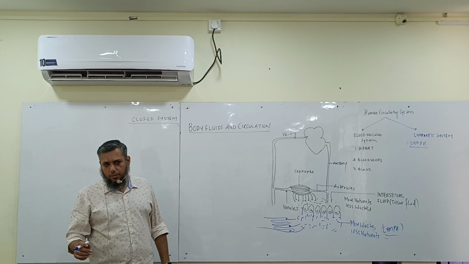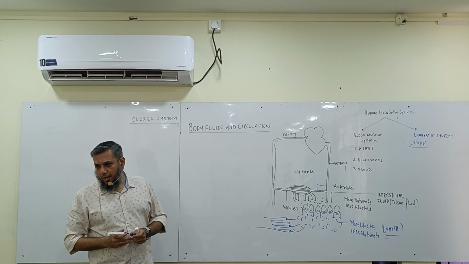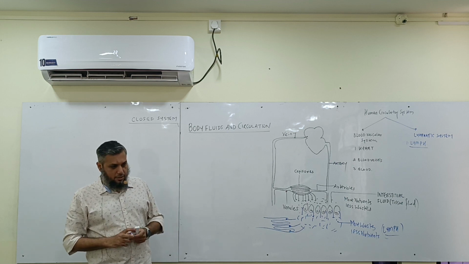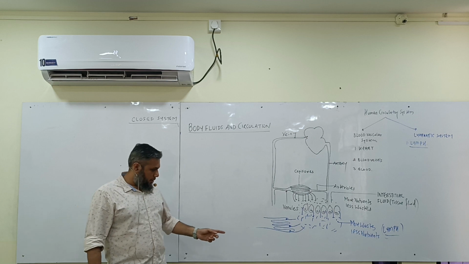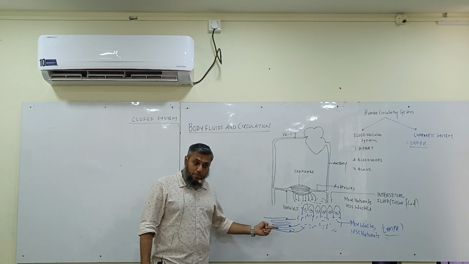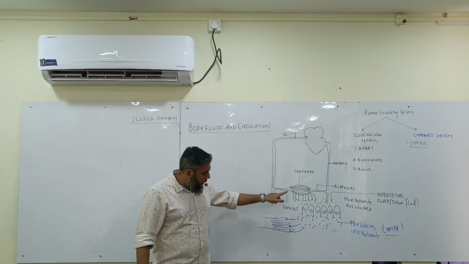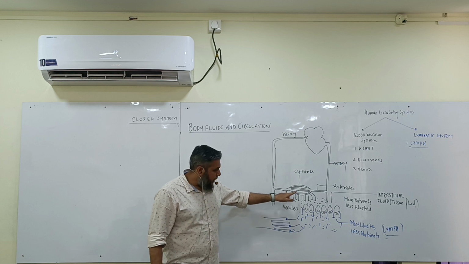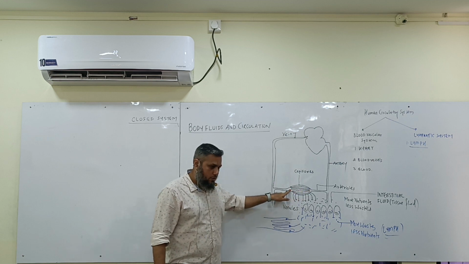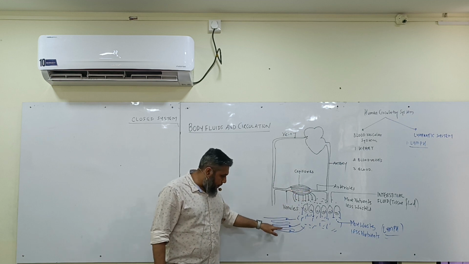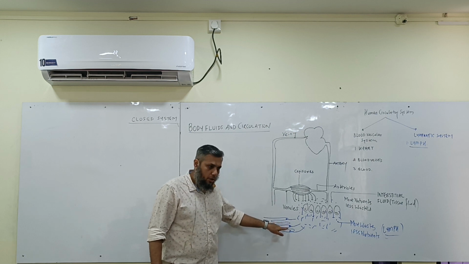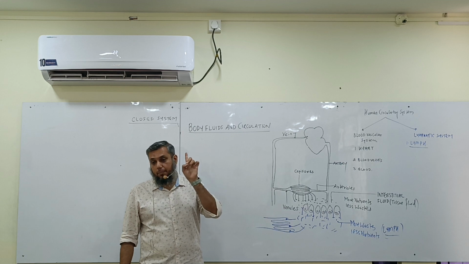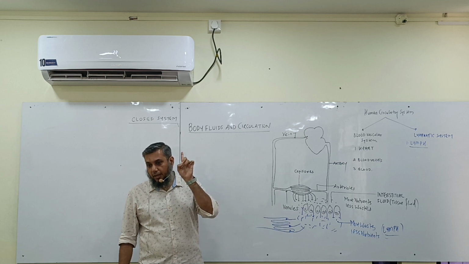Blind means closed at one end. There are two types of blind people, you know? One by eyes and one by mind. This is a third type. Look at this blood capillary. Is it blind or open at both ends? Open. But look at this capillary. Is it open at both ends or closed at one end? Closed. This reminds me of the blind sac pattern that I had studied in Hydra.